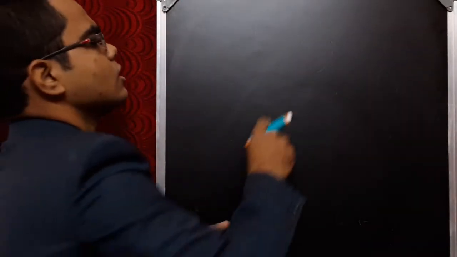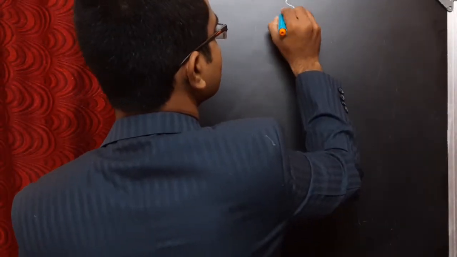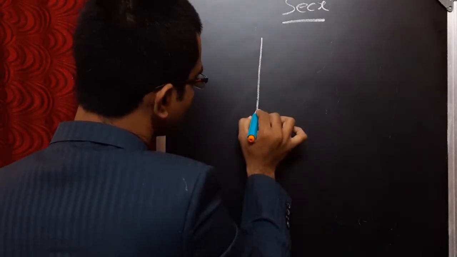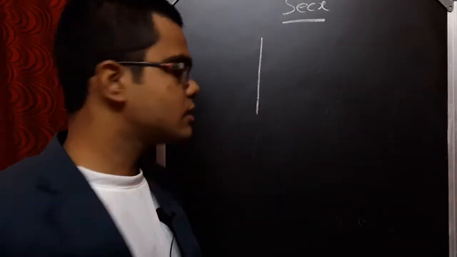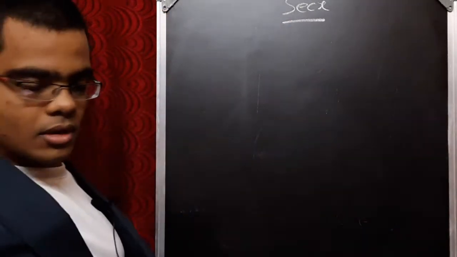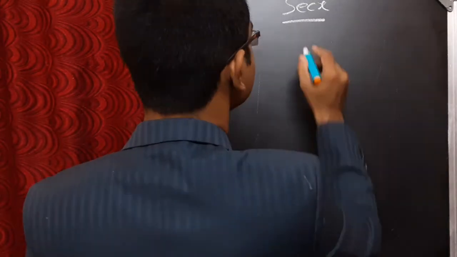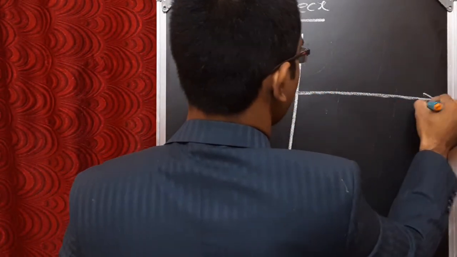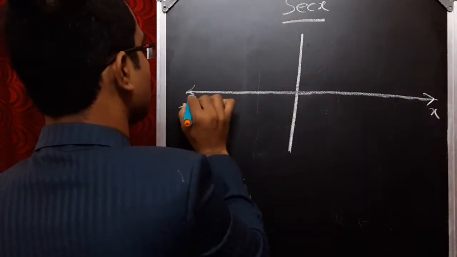Okay students, fine. So let us now discuss the secant x graph. So the secant x graph is going to be, okay, sorry for drawing like this, it should be in the middle. X-axis.